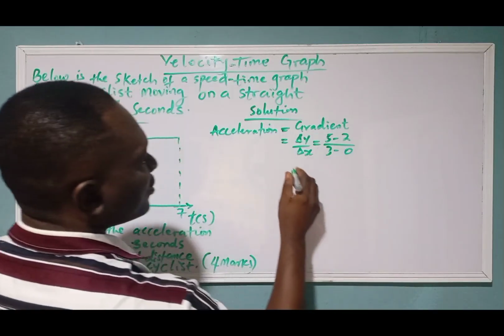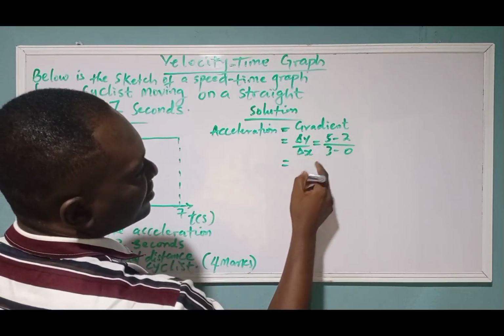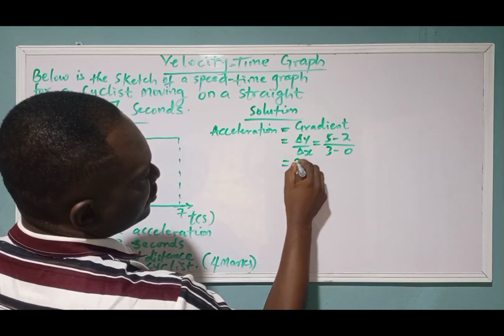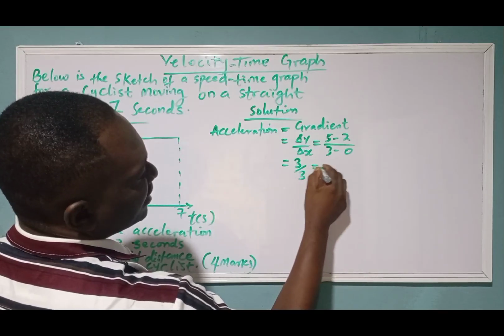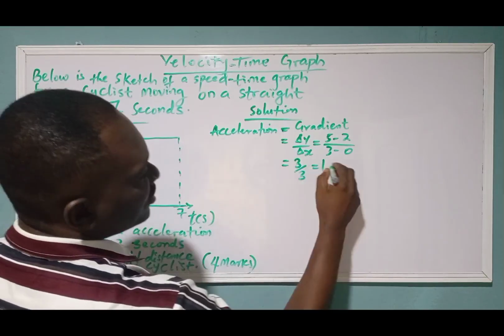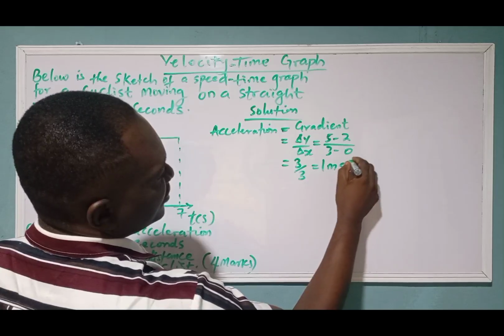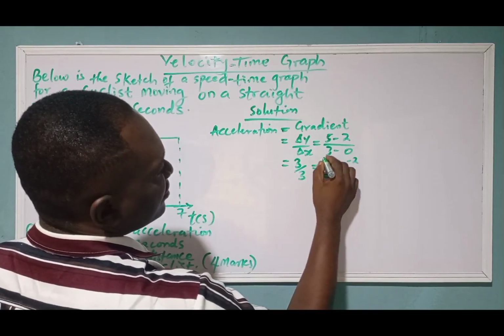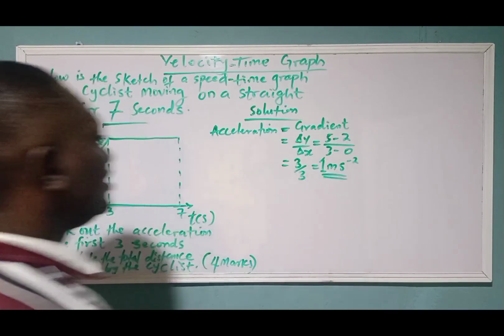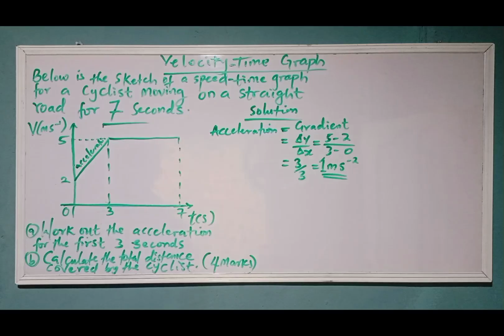This gives us 3 over 3, which is 1. Acceleration is in meters per second squared. So this is our value. Very easy. Now the next one is to calculate the total distance covered by the cyclist.